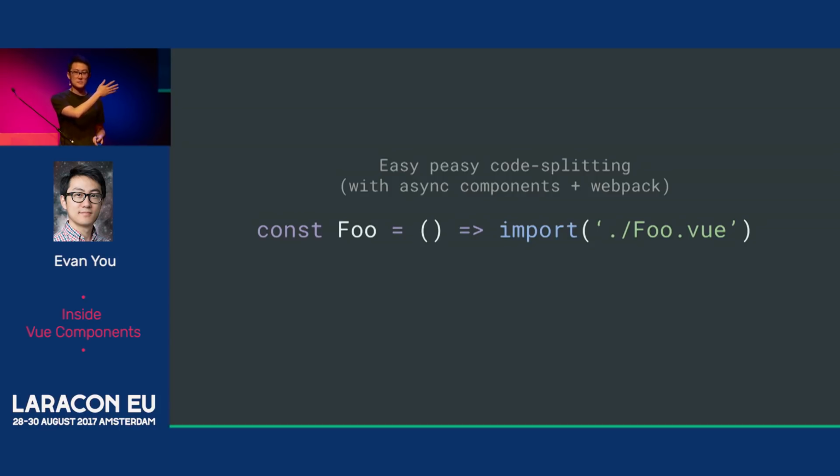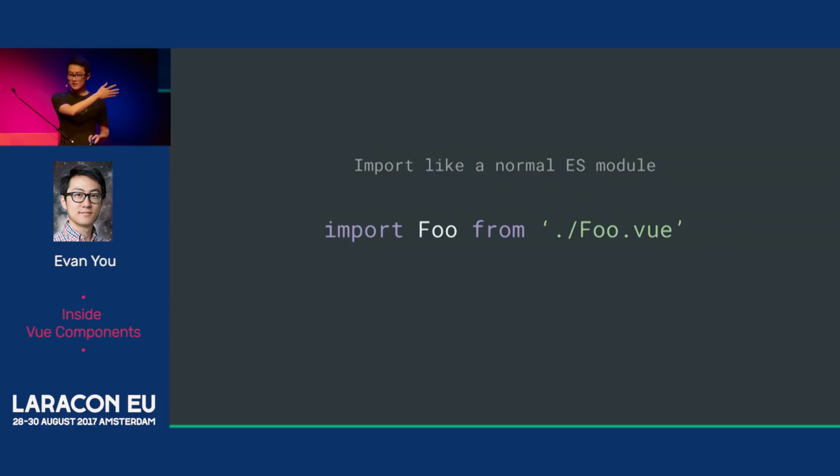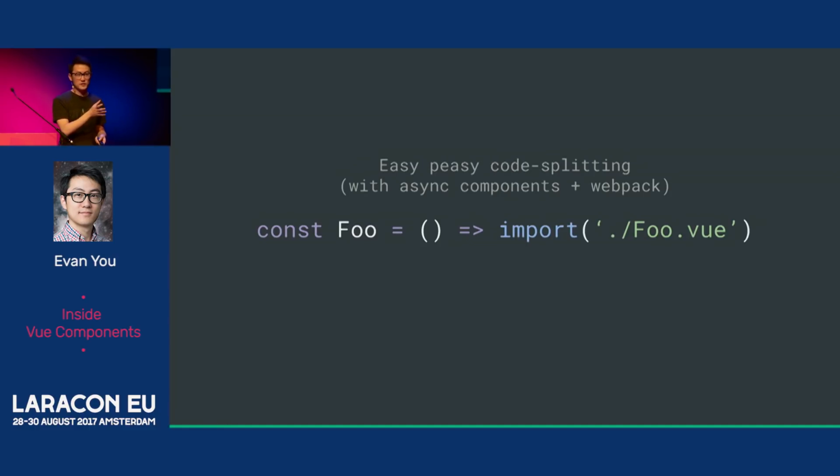But the syntax is simple enough that the effort of converting a component that's going to be bundled into your main chunk versus this one is small. What it does is split out this full component and all its dependencies into a separate JavaScript file. And this JavaScript file will be lazy loaded only when the full component needs to be rendered on the screen.